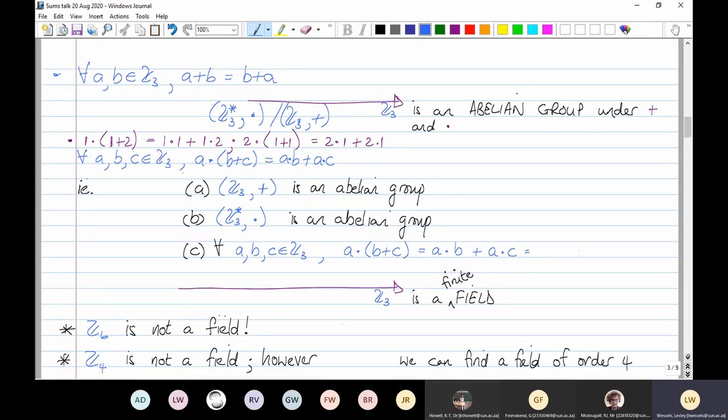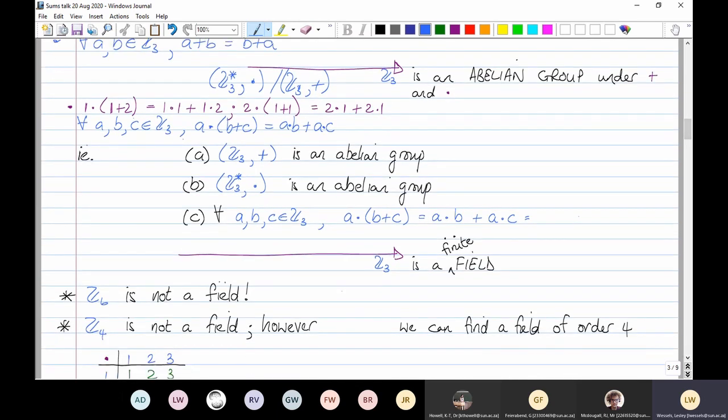Okay, so for a field, we look at our structure with both binary operations. So in this case, our Z3 would then be what we call a field.